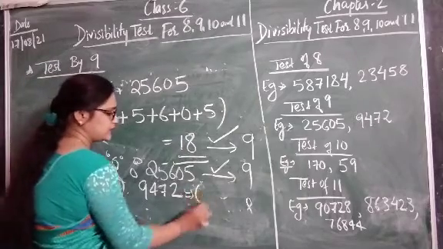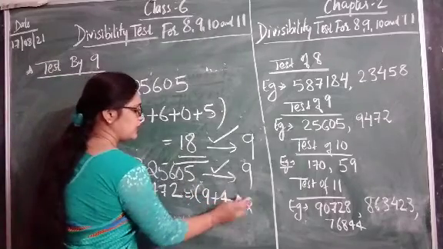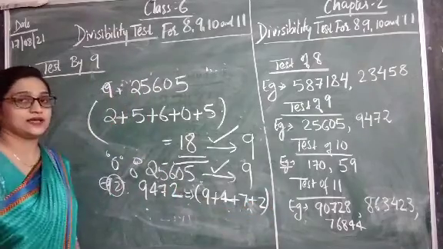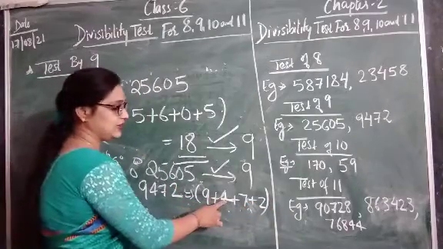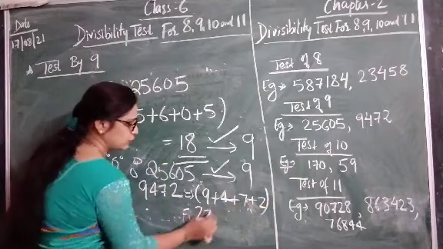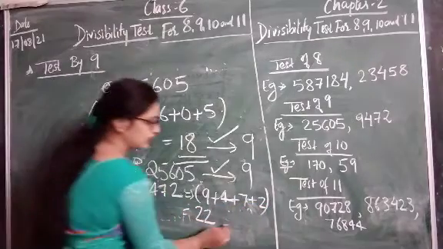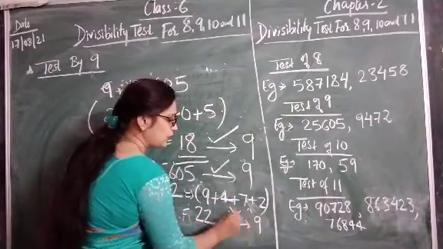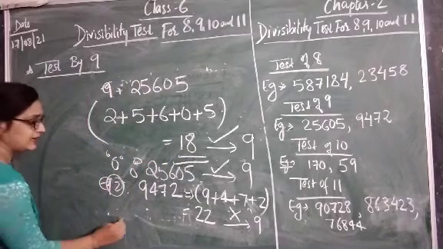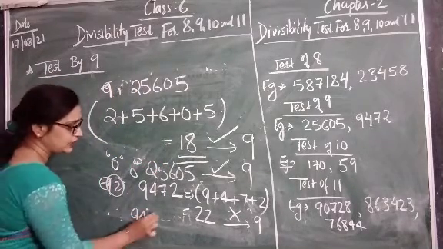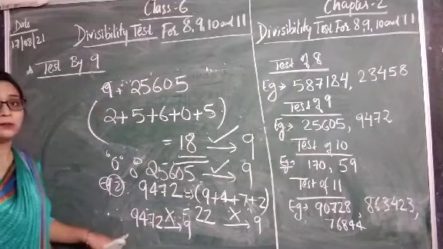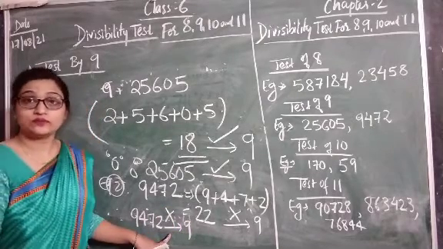Just add the numbers 9 plus 4 plus 7 plus 2. 9 plus 4 is 13. 13 plus 7 is 20. 20 plus 2 is 22. This 22 is not divisible by 9. Therefore, we can say that the given number 9472 is also not divisible by 9.